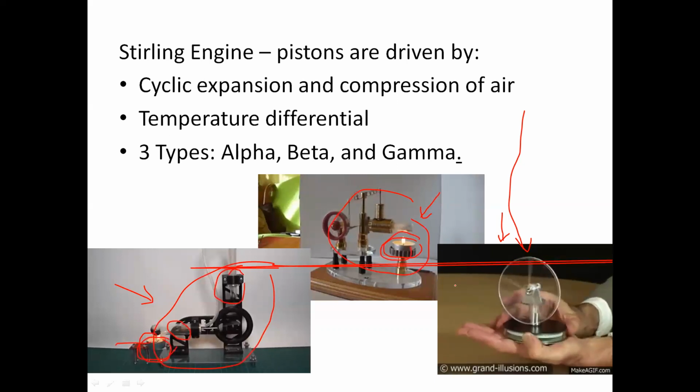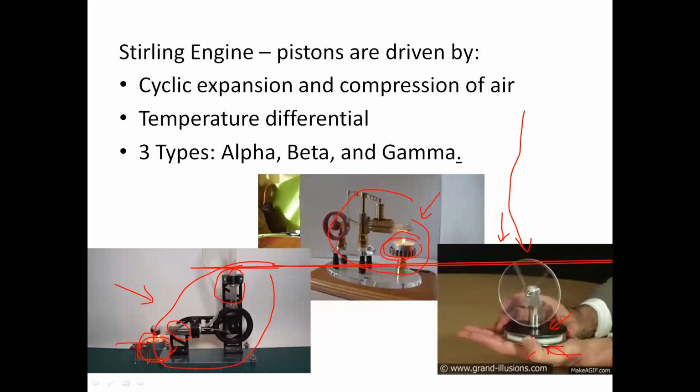Now the gamma, this one, uses the temperature differential. These are usually divided into two plates. The upper plate is the colder one, and the lower is the hotter. So when you place your hand, the heat or thermal energy from the hand goes to the lower plate and increases the temperature of the gas inside, therefore pushing it.